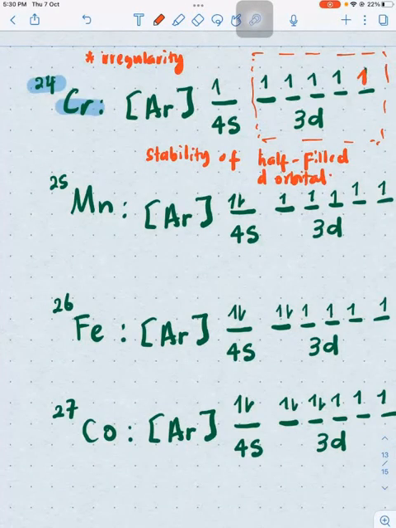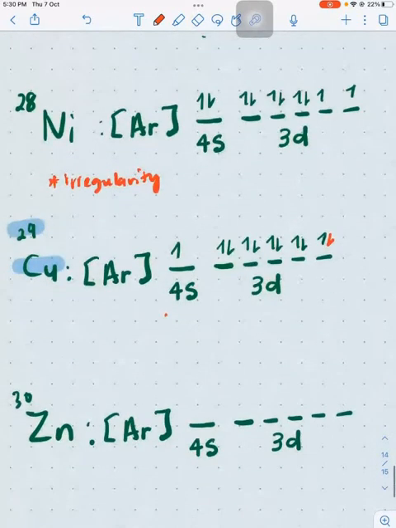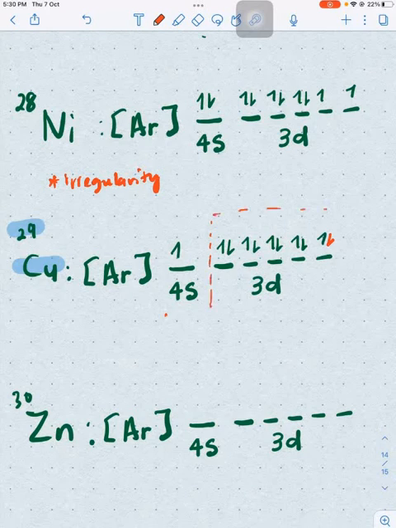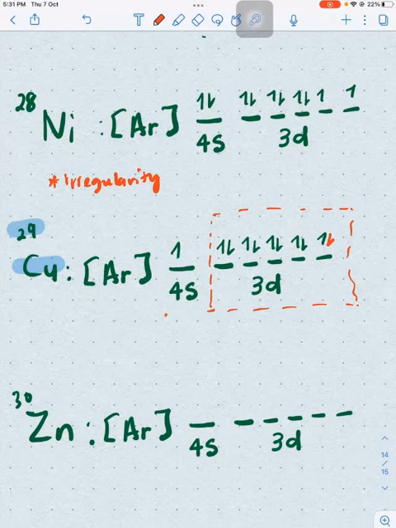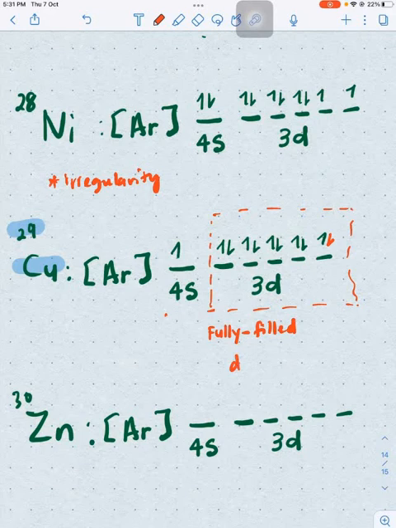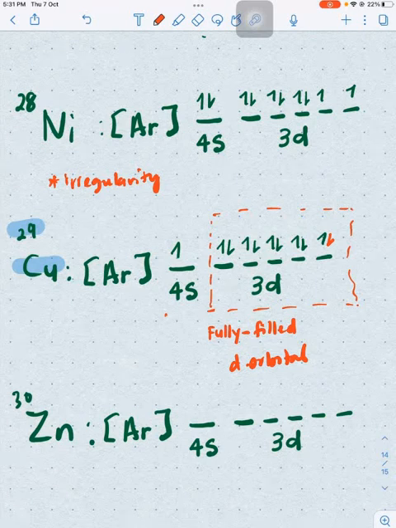Okay, so apa jadi bila elektron ni berada dalam 3d? So sekarang kita akan nampak ada 10 elektron dalam 3d. So this is also another stability for transition metal. Yang mana ini yang kita panggil sebagai kita ada a fully filled d orbital. So d orbital ni is either fully filled ataupun half filled, dia akan jadi lebih stable.